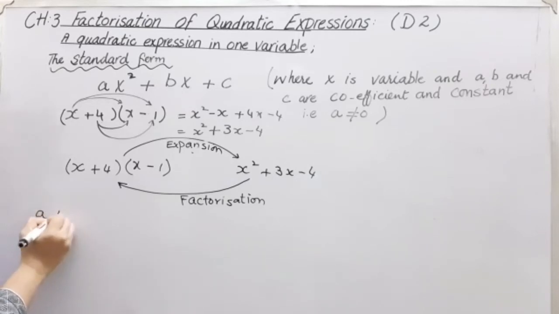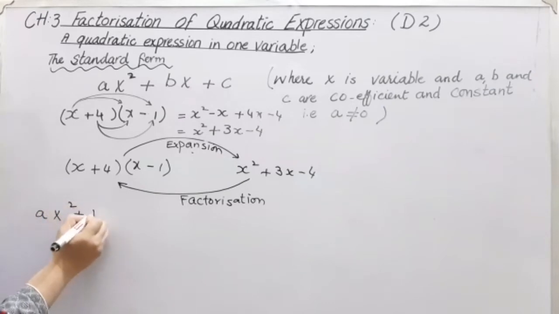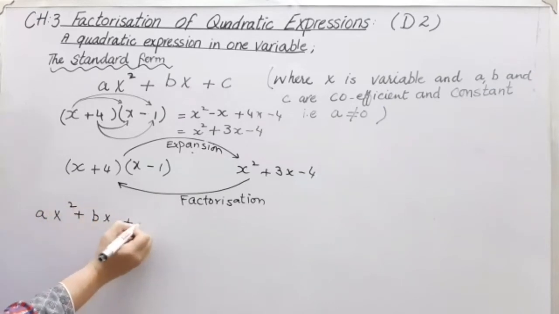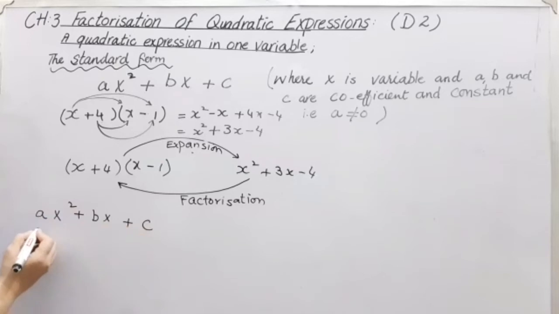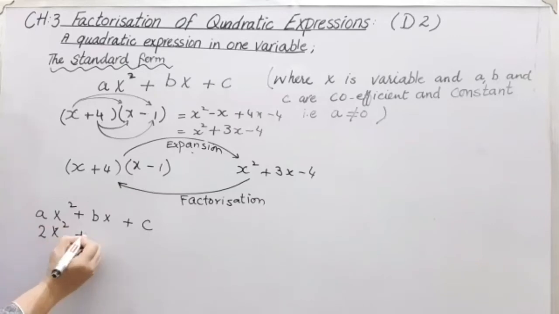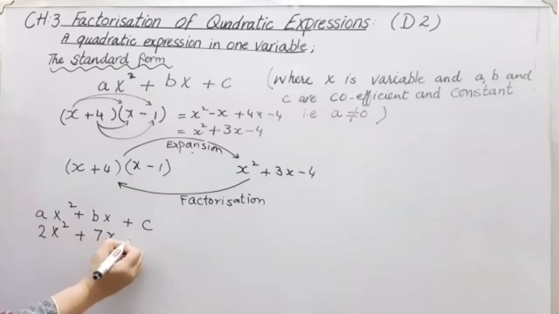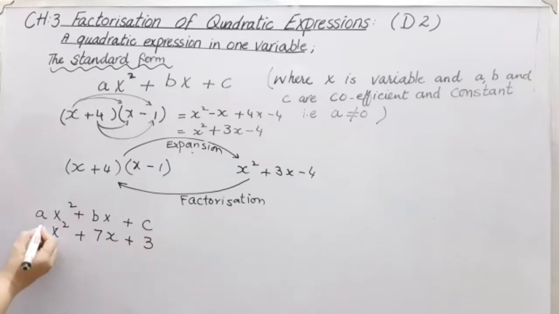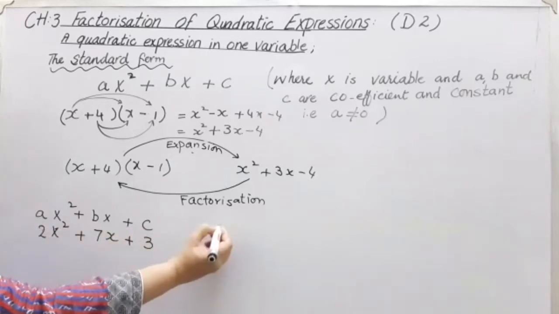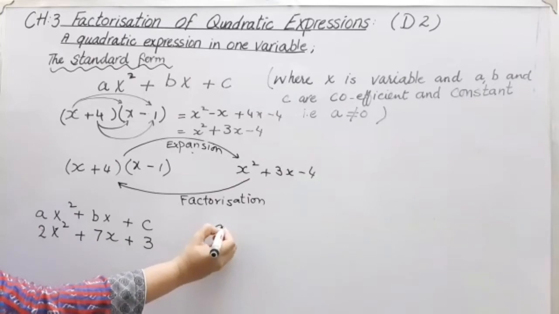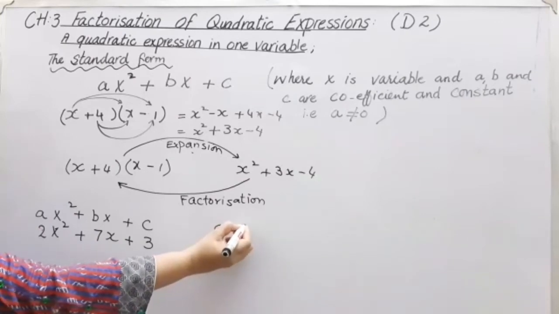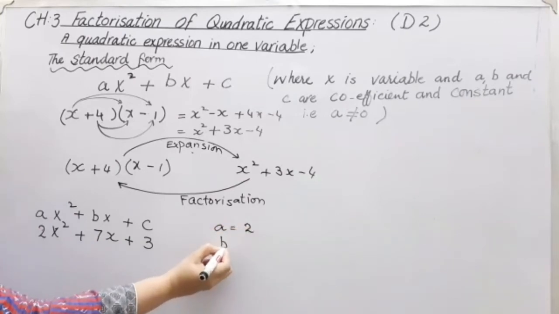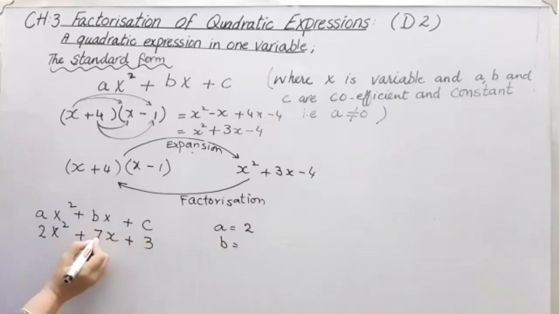Now if your expression is ax square plus bx plus c, this is the standard form, and this is your equation, 2x square plus 7x plus 3. Now you see what a is. You put aside a is equal to 2, b is equal to plus 7.